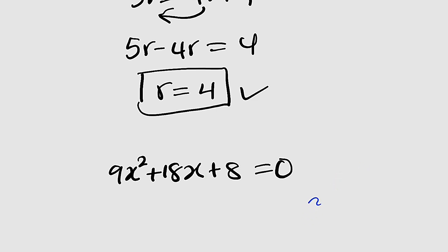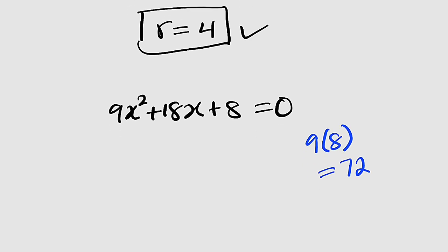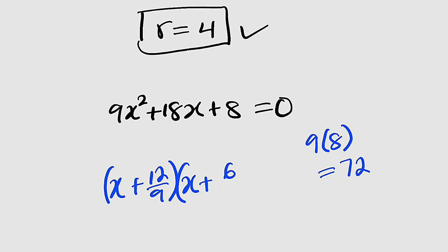First of all, take the leading coefficient and multiply by the constant. That will give us 72. Then think of two numbers you can multiply together to get 72, but the moment you add those two numbers together, you get 18. And the numbers are 12 and 6. So we have (x + 12/9) multiplied by (x + 6/9).